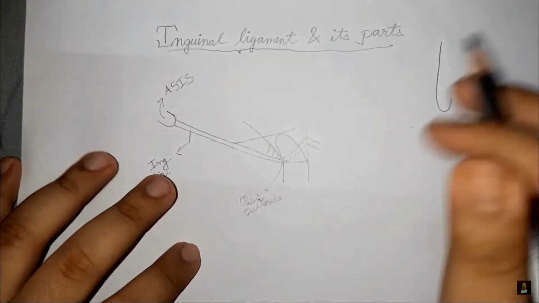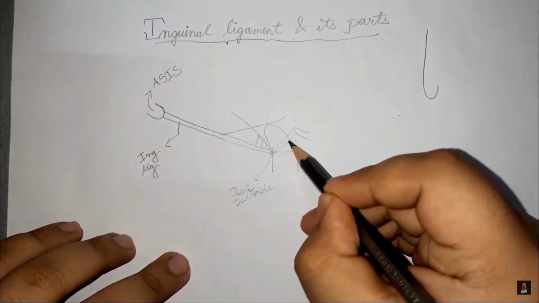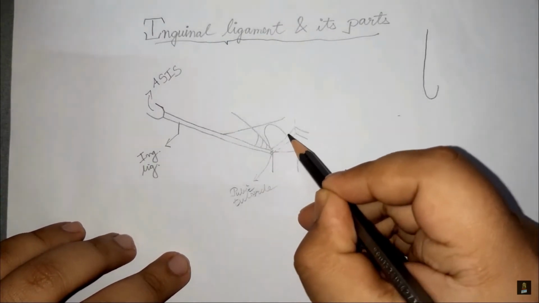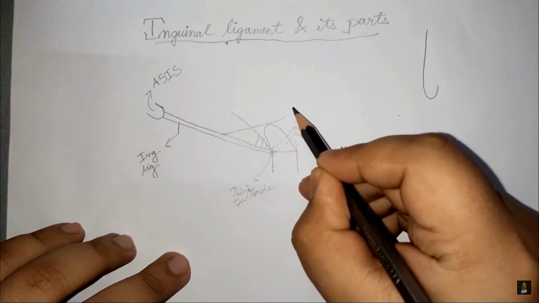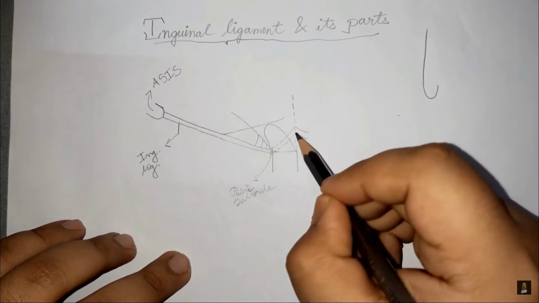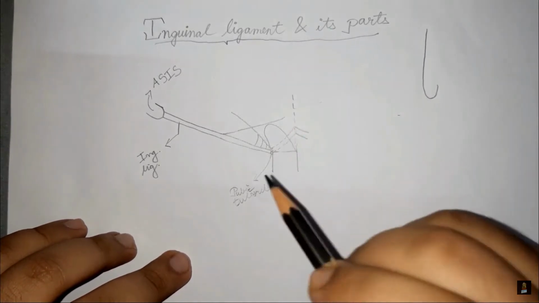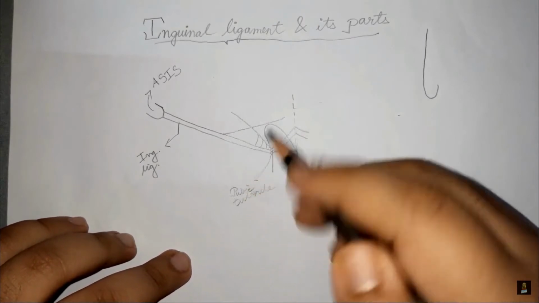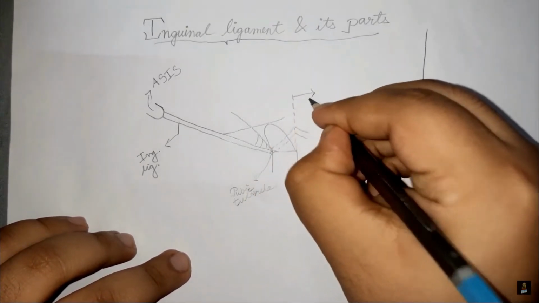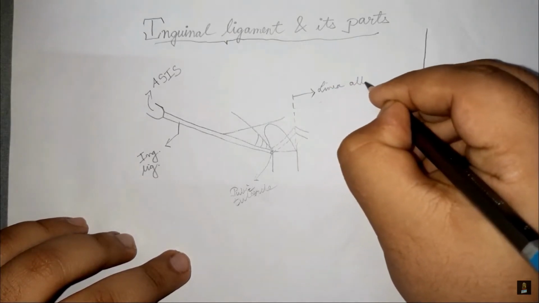The first fibers that we talk about are the fibers arching upwards and medially. This dotted line is the midline of the body. If you remember, what structure was along the midline? Very good, the linea alba. So we can label this as linea alba.